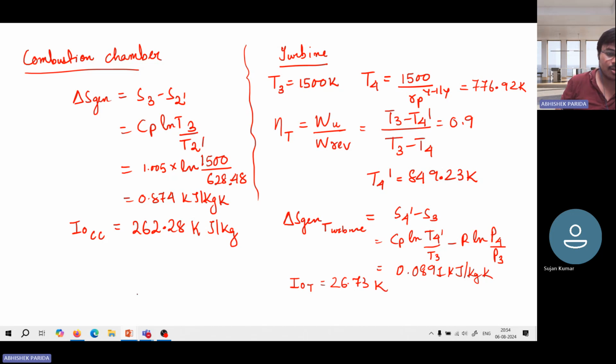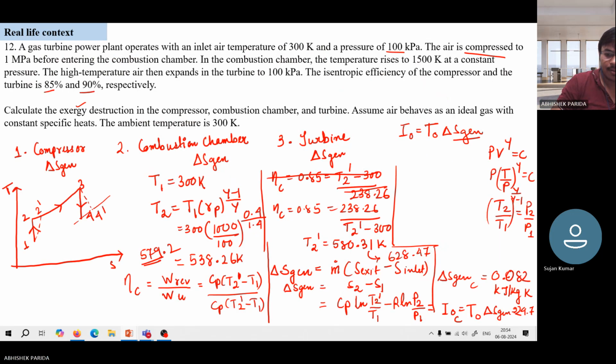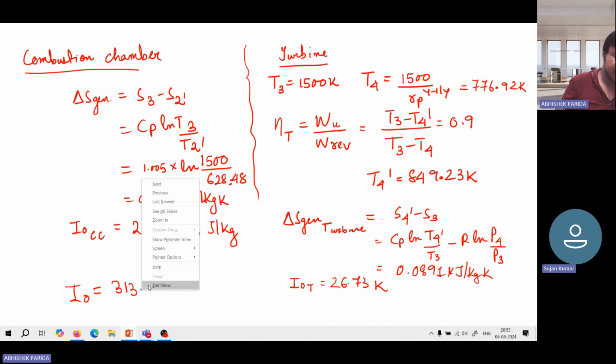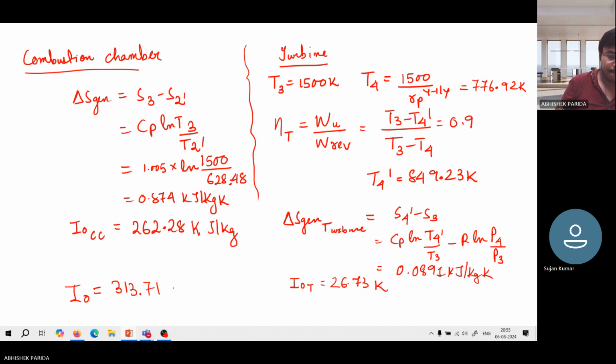So overall plant exergy destruction, you can calculate: 26.73 plus 262.28 plus 24.7. This is 313.71 kilojoule per kg.